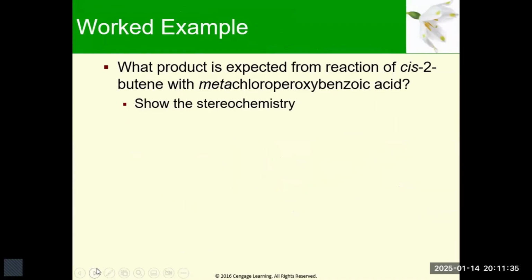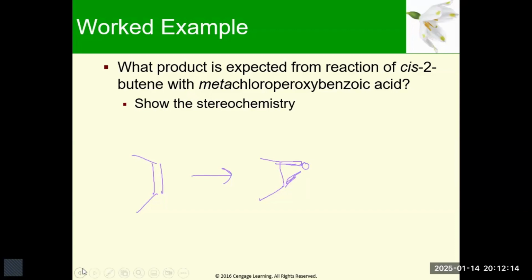All right, so what product is expected from the reaction of cis-2-butene with meta-chloroperoxybenzoic acid? So let's draw the structure. It's butene, but it's cis. And you're reacting it with the peroxy acid. And when you have the peroxy acid, simply what's going to happen is you're going to get an epoxide.